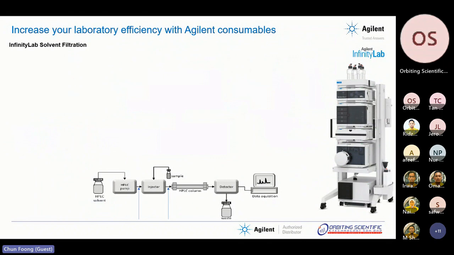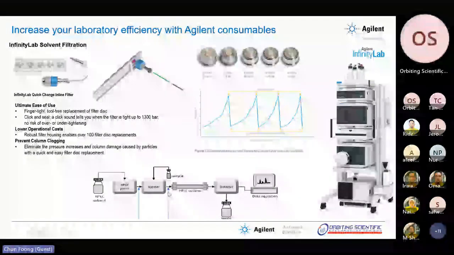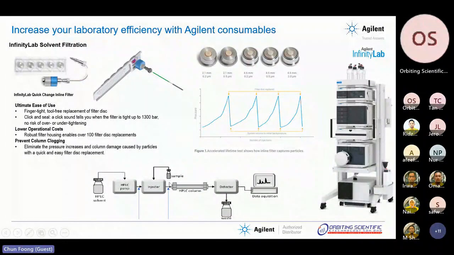Okay. So the next part is actually in our connection, the flow line. Apart from filtering the mobile phase and also having the solvent filter inside this reservoir, in fact, it is good if you can install another layer of filter, especially after the injection port.